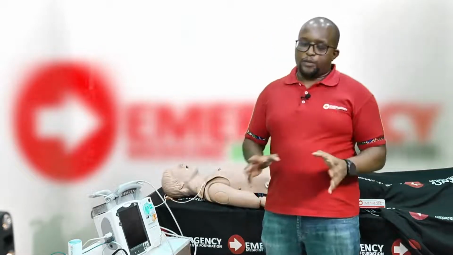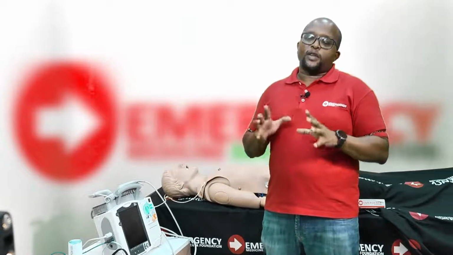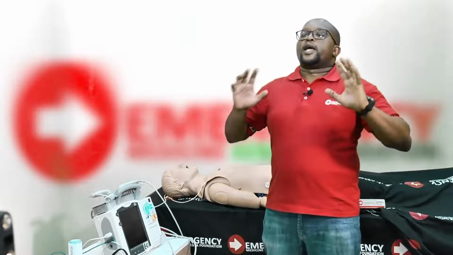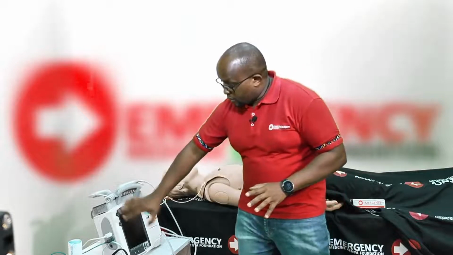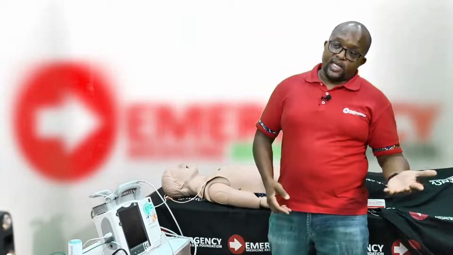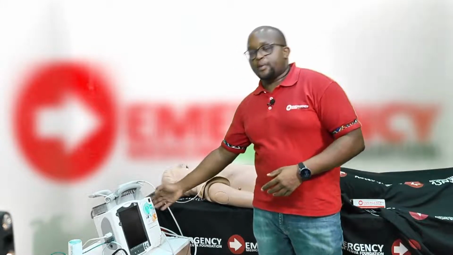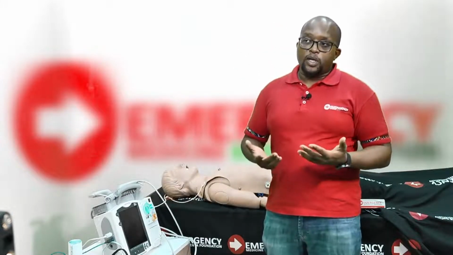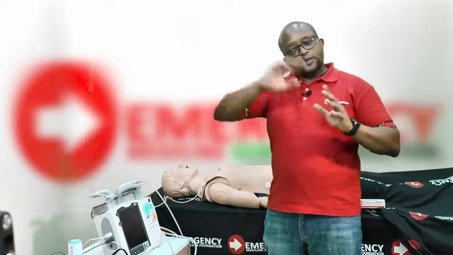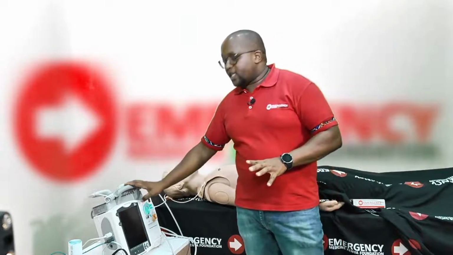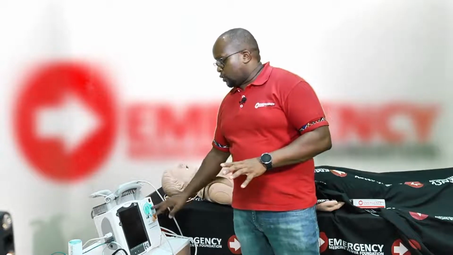But if you do not know, this is simply to simplify it for you. If you can tell it's a monophasic, start at 360. If it's a biphasic, start at what the manufacturer recommends and then go up. If you do not know the manufacturer's recommendation for a biphasic, go straight to 200.